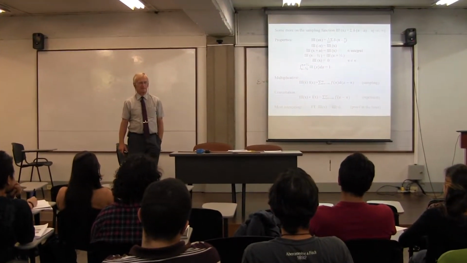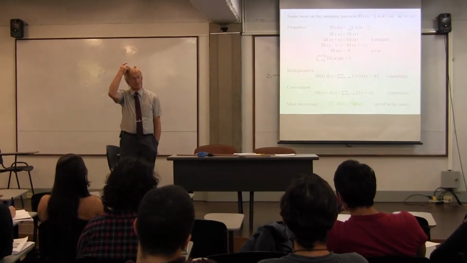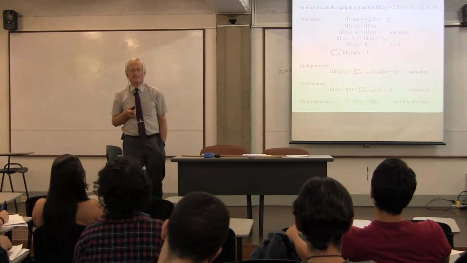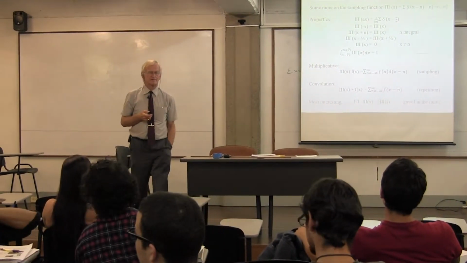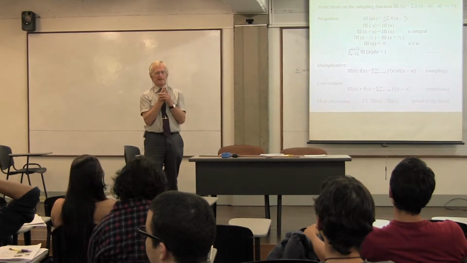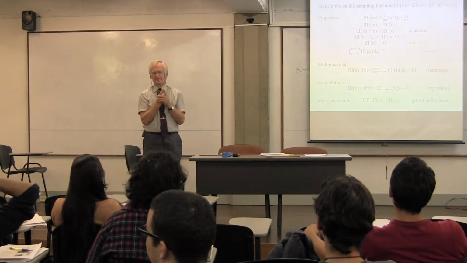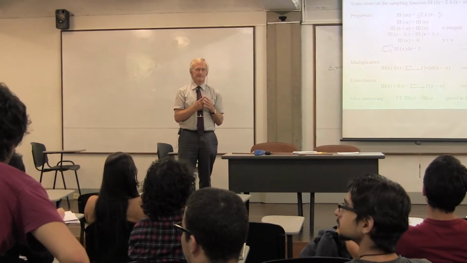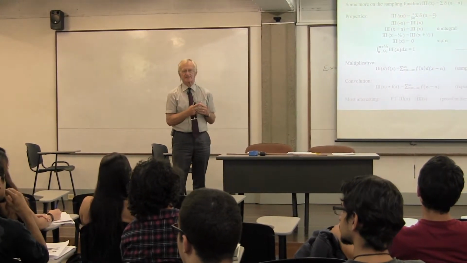Either a single sample in the delta function or a bunch of samples with the sampling function. But the proper way in which you describe that in reality, of course, is you have some function which is very close to infinitely narrow. And with infinitely narrow, you mean narrower than you can see. That is not the same thing as infinitely narrow.